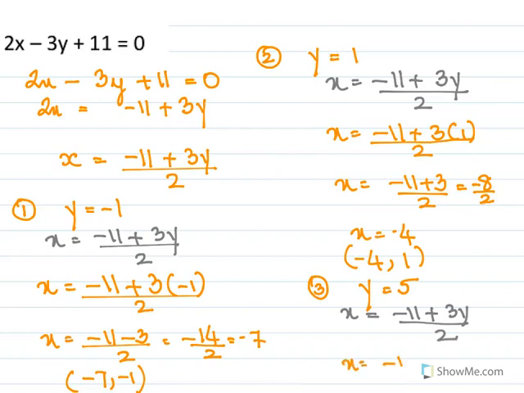You get x = (-11 + 3 into 5)/2. So that would be (-11 + 15)/2, and you will get 4/2, and the answer will be 2. So the point here will be (2, 5).